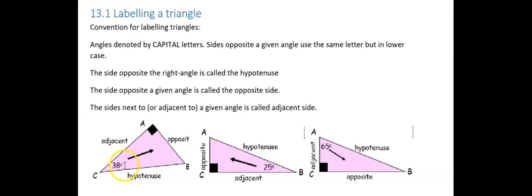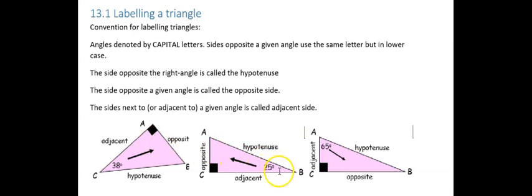And beside the 38, and another word for beside is adjacent, this side then is labeled the adjacent. And the side which is the longest side of the right angle triangle, or another way of thinking about it is opposite to the right angle, is called the hypotenuse. So opposite is opposite the angle that is given, adjacent is beside the angle that's given, and the hypotenuse is opposite the right angle.